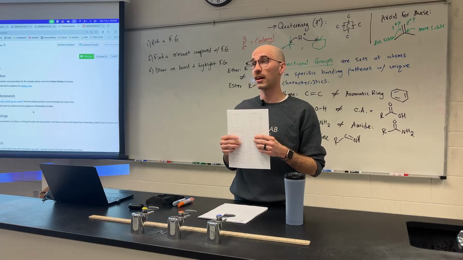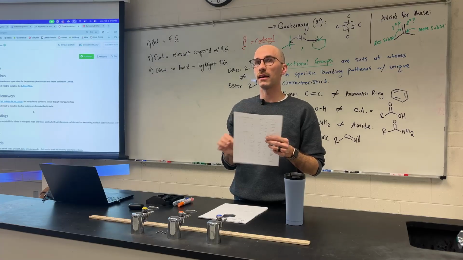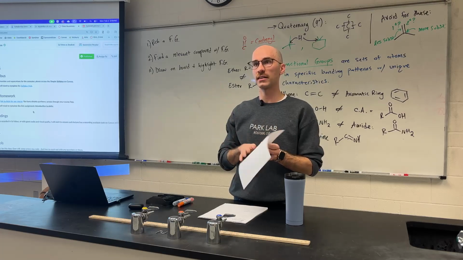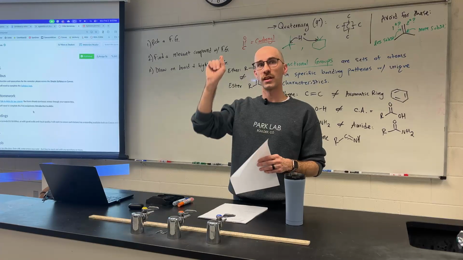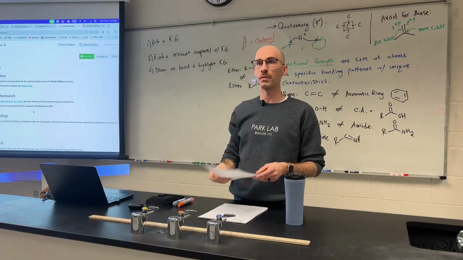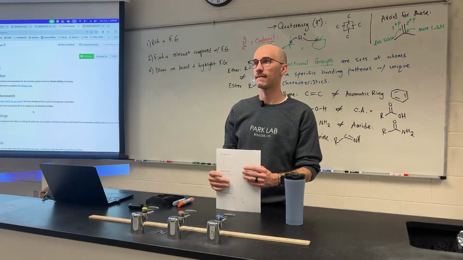Quick Google search, I promise you, you'll find a compound that's relevant somehow. And then I'll pause the recording. I'll have you guys come up and actually draw your compounds on the board so that you can highlight where that functional group is for the class. Do you have questions on this?